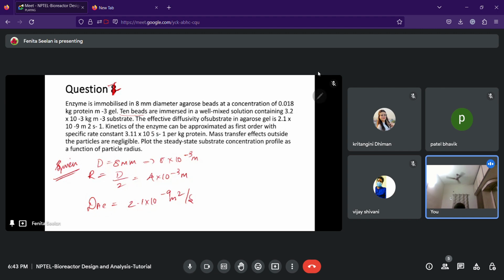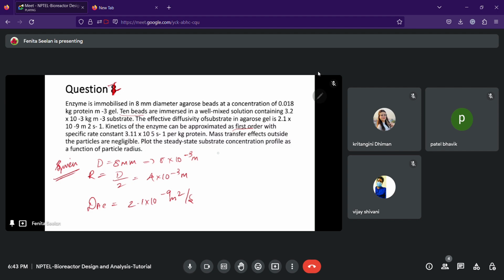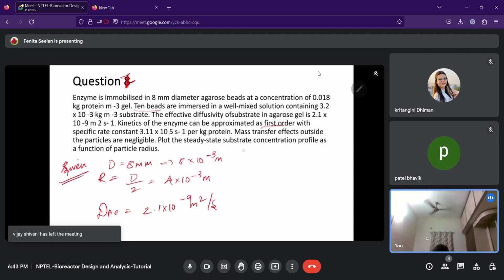The kinetics of the enzyme can be approximated as first order with specific rate constant 3.11 into 10 power 5 second inverse, which would be your K1. The mass transfer effects outside the particle are negligible, and you were asked to plot the steady state substrate concentration profile as a function of particle radius.